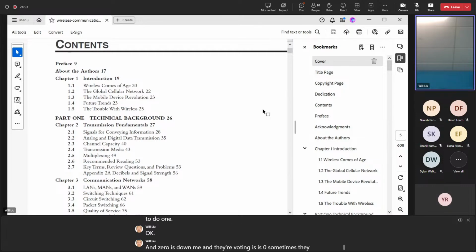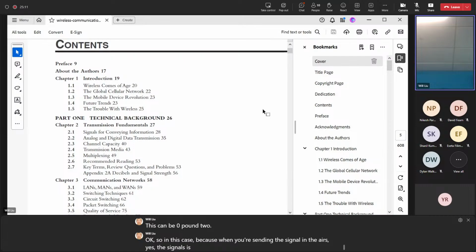Sometimes there is a threshold and they have some values. For example, 0 might be 0.1 or 0.2, and 1 might be 0.8. When you're sending the signal in the air, the signal itself will degrade.